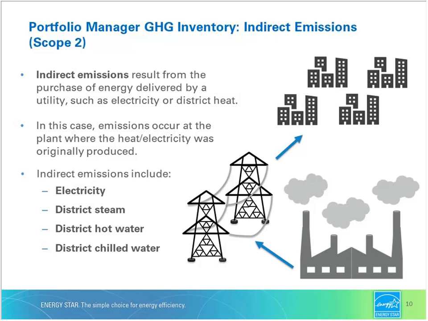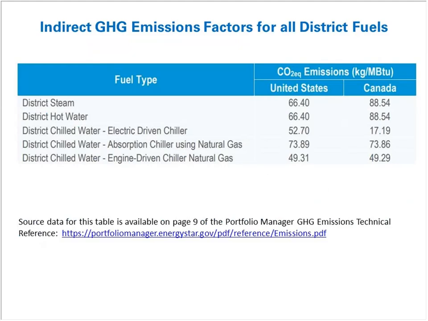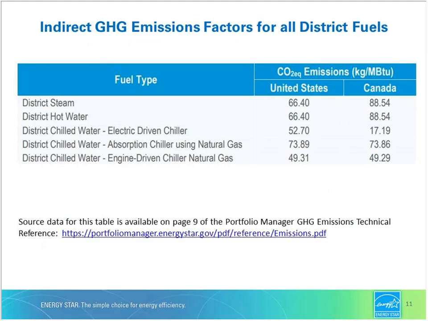So let's talk a little bit more about that. As I noted, if you are reflecting the consumption of a district fuel source in Portfolio Manager, you are going to get a specified emissions factor as noted in this table on this screen, and that's going to be applied regardless of where your building is located.